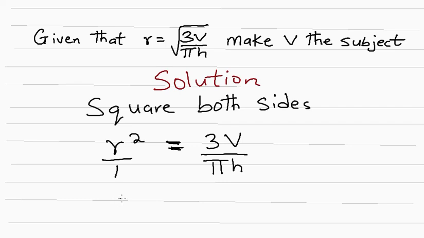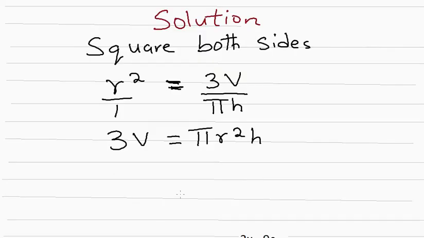Cross multiply, and I'm going to have 3v multiplied by 1, that's 3v. So pi h multiplied by r squared, that's going to be pi r squared h. With what I have now, I can get my v. My v now is going to be equal to pi r squared h, of course, divided by 3.